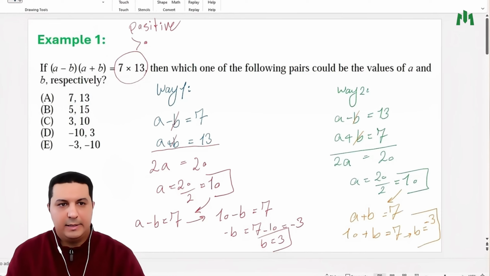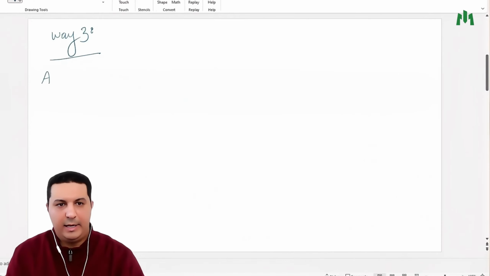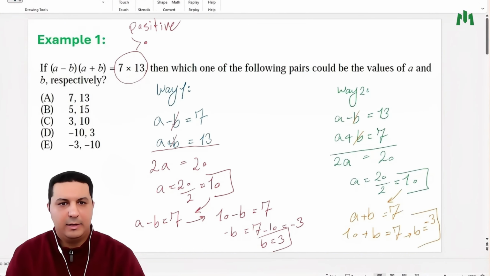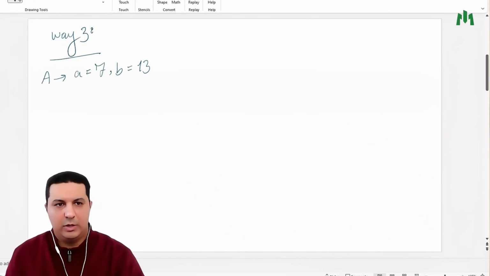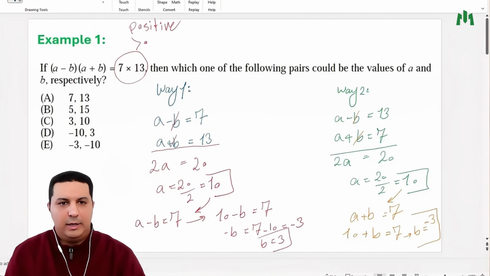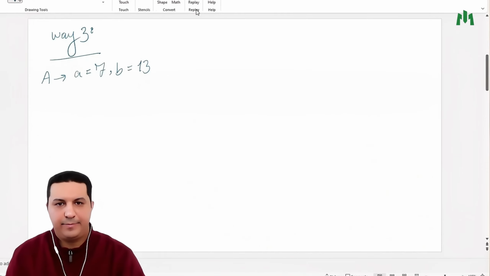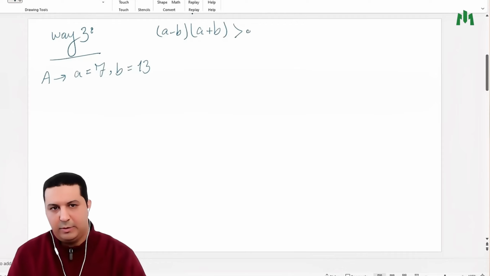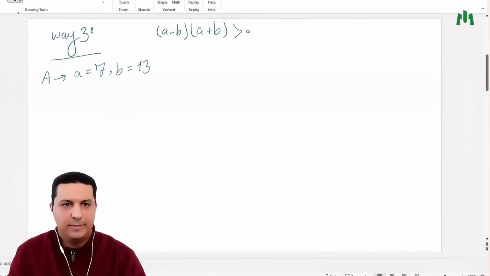So A is option A. It said A can be 7 and B can be 13, I think. Yes. So let's take a look. The equation was a minus b multiplied by a plus b, and this is a positive number. So we are going to check this part.